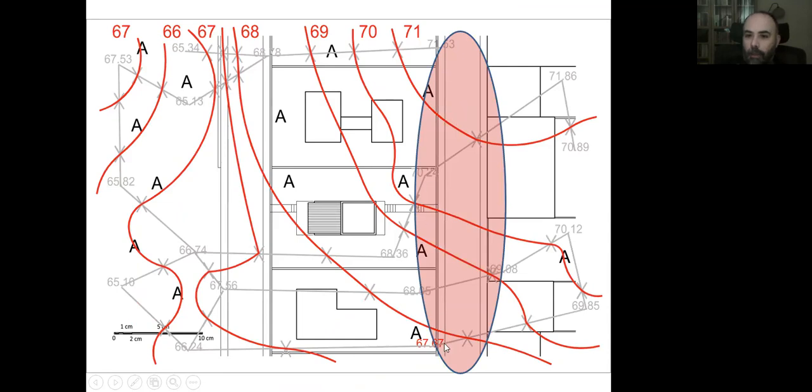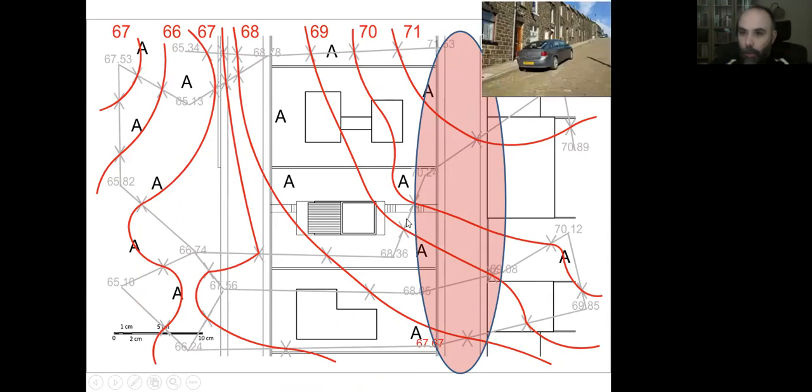And let's look at this part of the map now. We know that there is this road, and we see these contour lines. However, on a road, it cannot be like this. These contour lines cannot be like that. They need to be in an equal position.